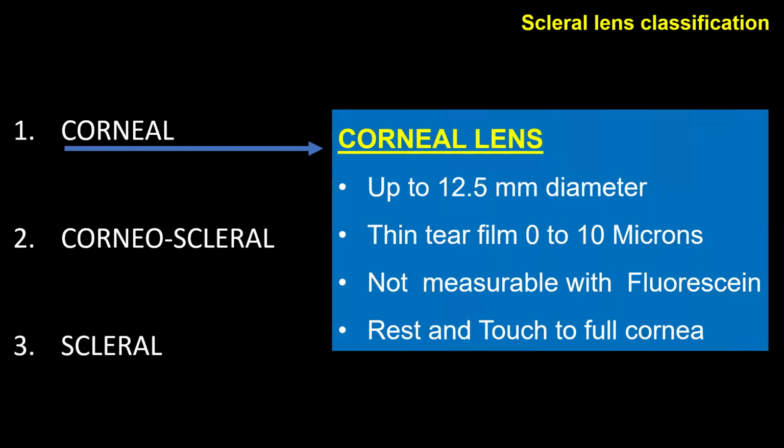When they sit on the cornea, the diameter is something around 12.5, and the interface, that's the tear film or the tear layer, is low, and the contact lens will almost touch the cornea.